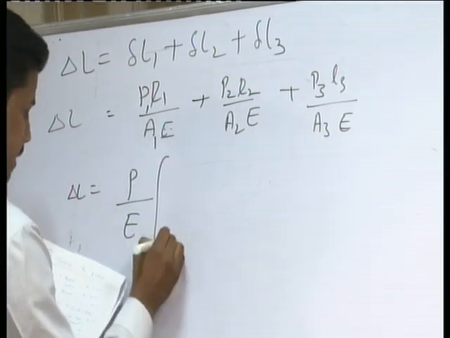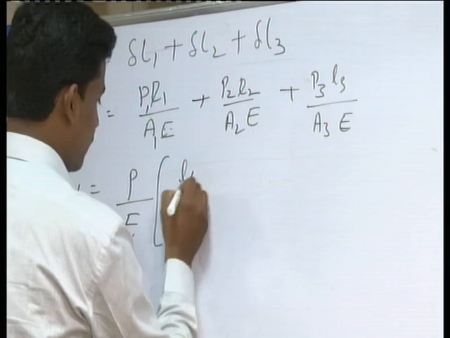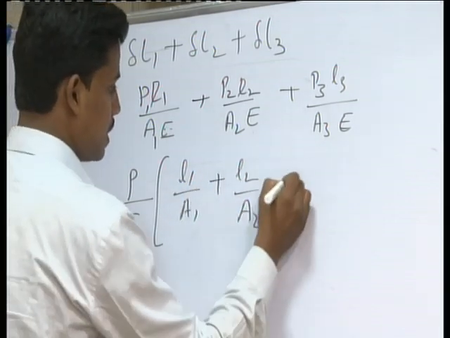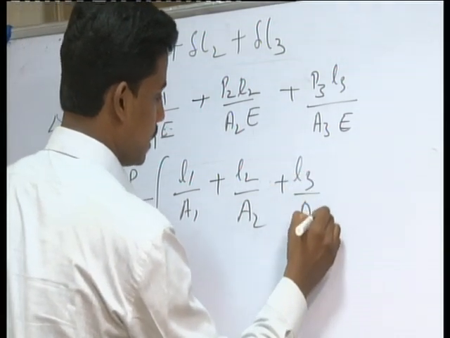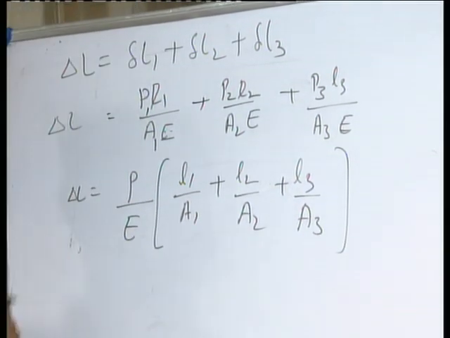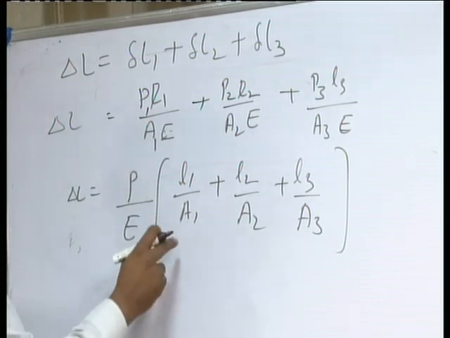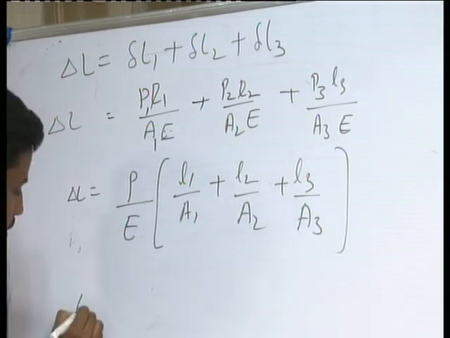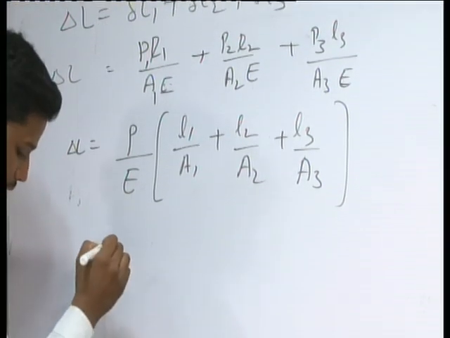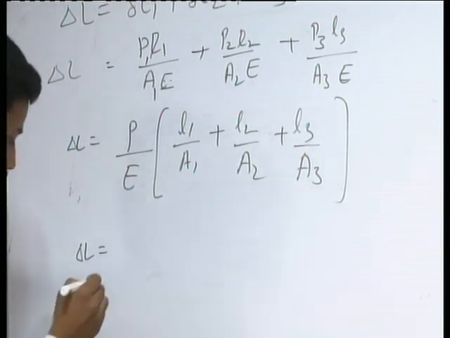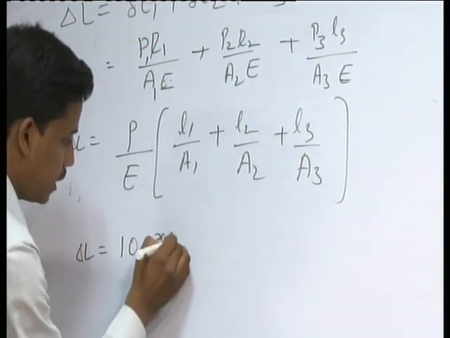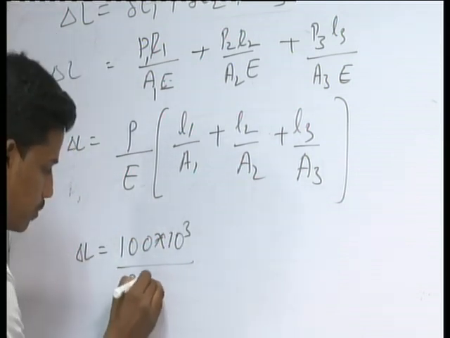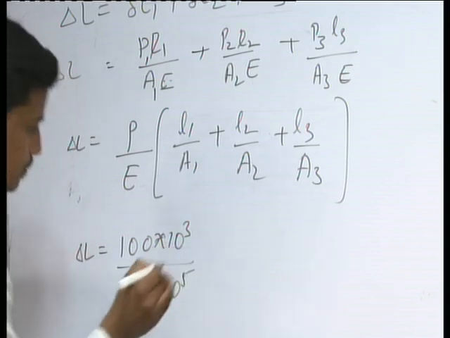We get delta L is equal to P by E into L1 by A1 plus L2 by A2 plus L3 by A3. Here the value of P is 100 into 10 to the power of 3, and Young's modulus is 2.1 into 10 to the power of 5.